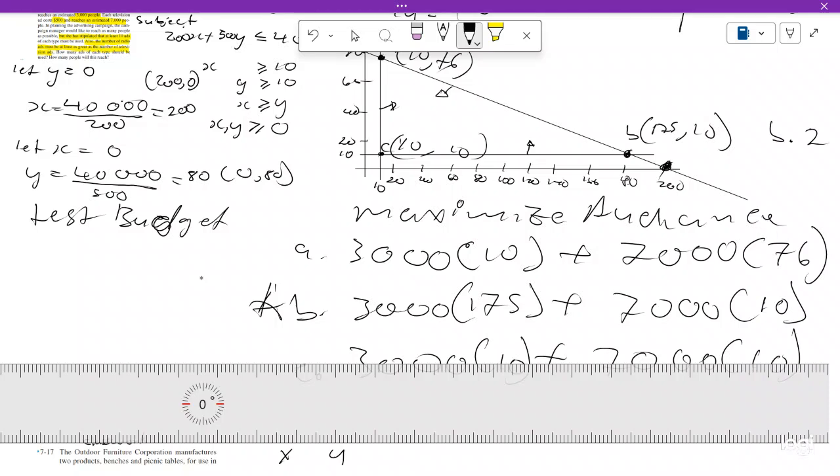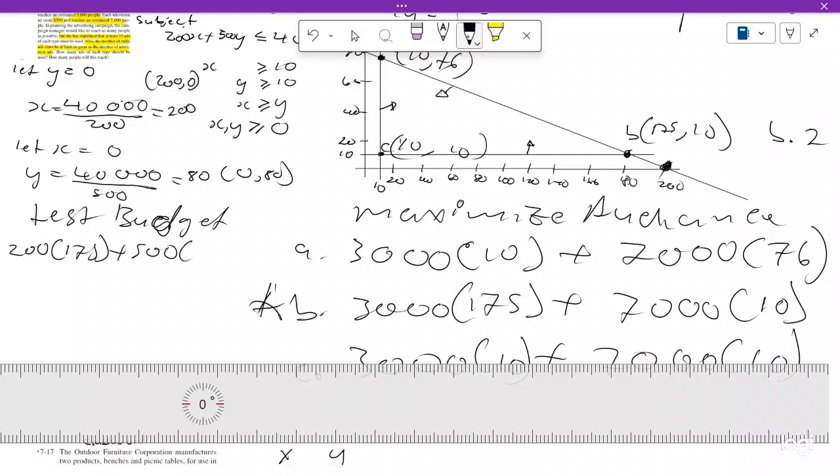I'll ask you, is it within the budget? So now we go to the formula for the budget, which is 200x, then we put the 175, plus 500.